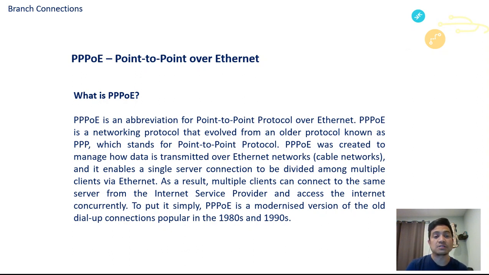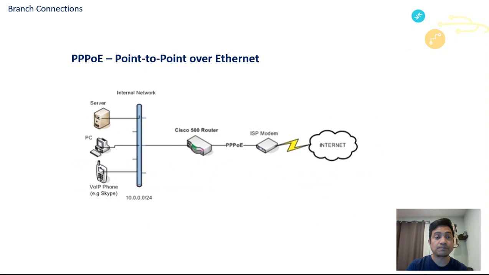It enables a single server connection to be divided among multiple clients via Ethernet. As a result, multiple clients can connect to the same server from the internet service provider and access the internet concurrently. To put it simply, PPPoE is a modernized version of the old dial-up connection popular in the 1980s.